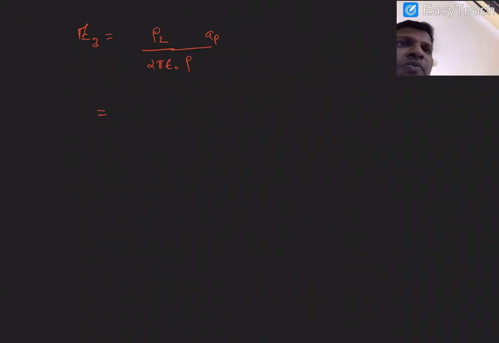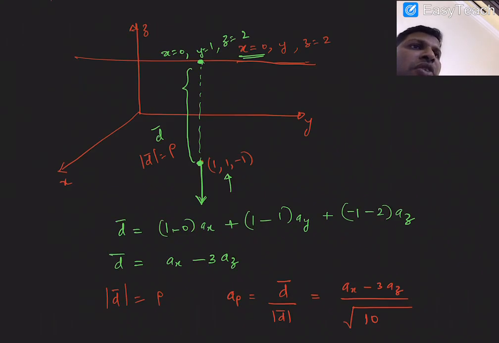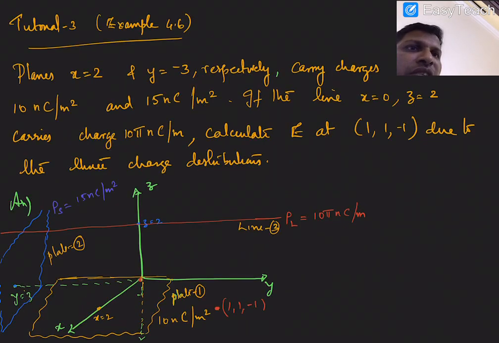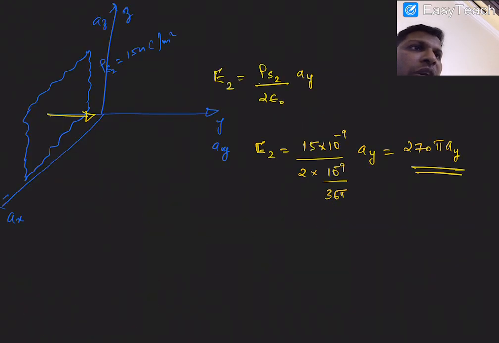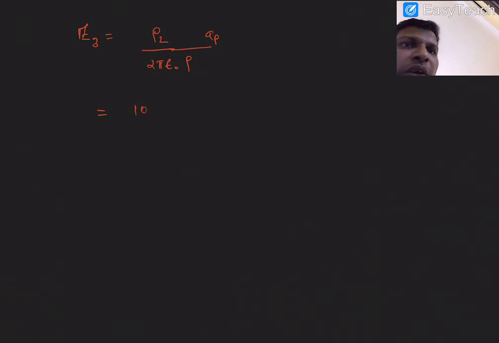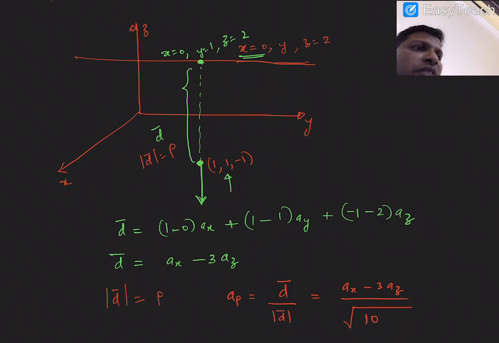So what is rho L in the question? The value of rho L is given as 10 pi nanocoulomb per meter. So 10 pi into 10 power minus 9, divided by 2 pi. What is epsilon 0? It is 10 power minus 9 divided by 36 pi, so 36 pi into a rho. What is a rho? Ax minus 3 az.